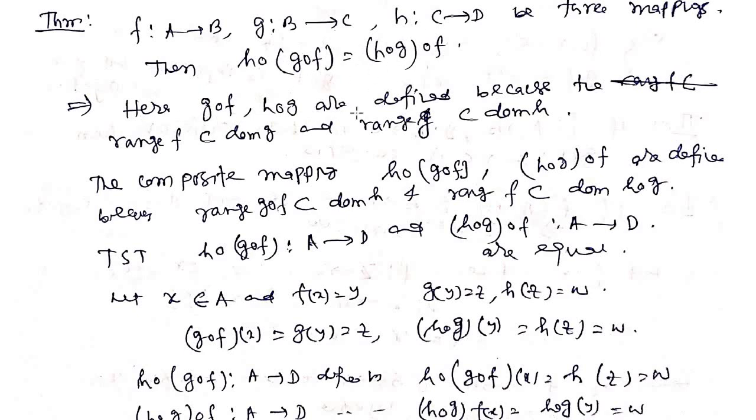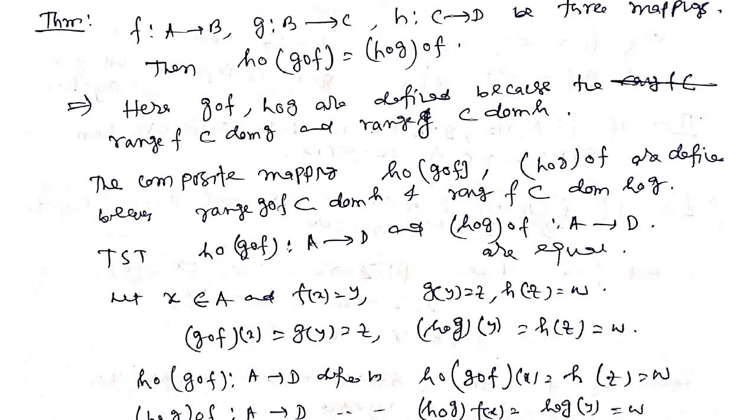Here g compose f, h compose g are defined because the range of f is a subset of the domain of g and the range of g is a subset of the domain of h. See here, these two mappings g compose f will be defined if and only if f(A) is a subset of B. So obviously, because this mapping is from A to B, the image set has to be a subset of B, and so g compose f is defined.